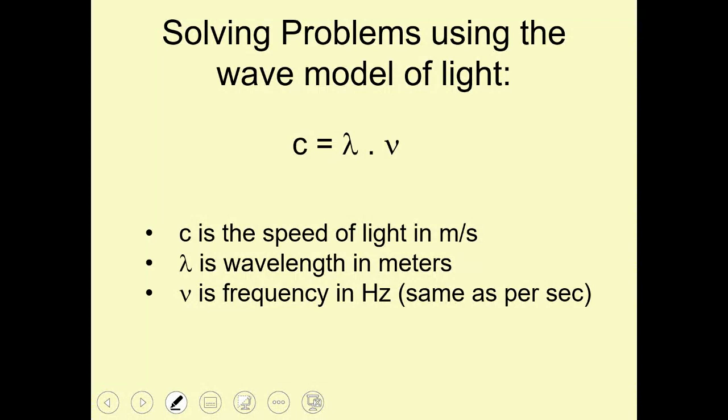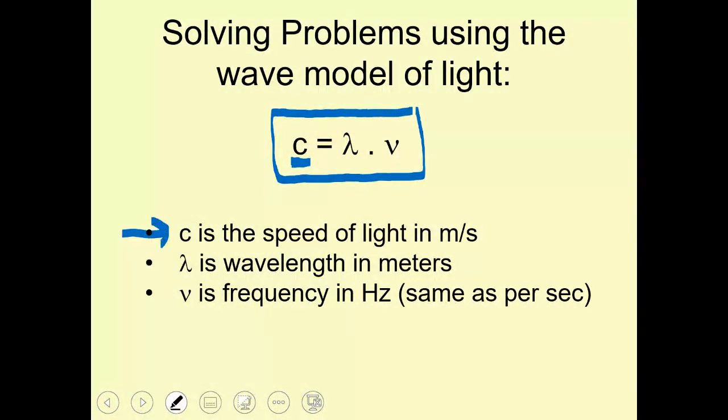Now, this is the equation that we're going to use to solve problems with the wave model of light. So C right here stands for the speed of light, and that's in meters per second. Remember, it's 3.00 times 10 to the 8th meters per second.